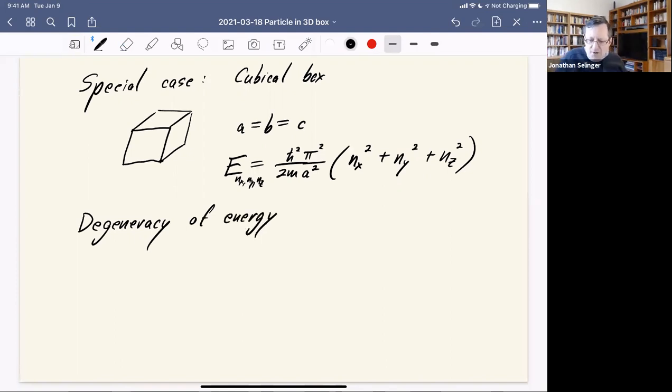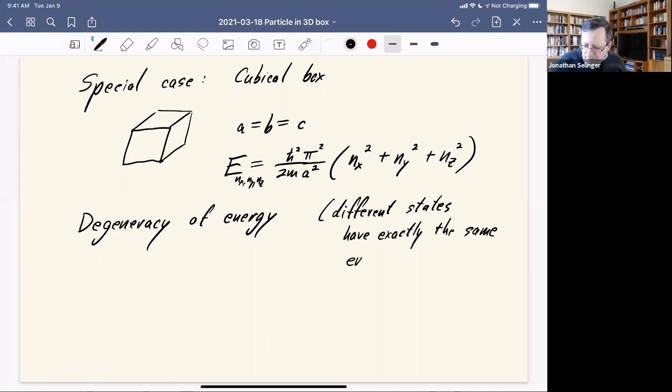So degeneracy means that different states have exactly the same energy. Okay, so let's find some examples of that.